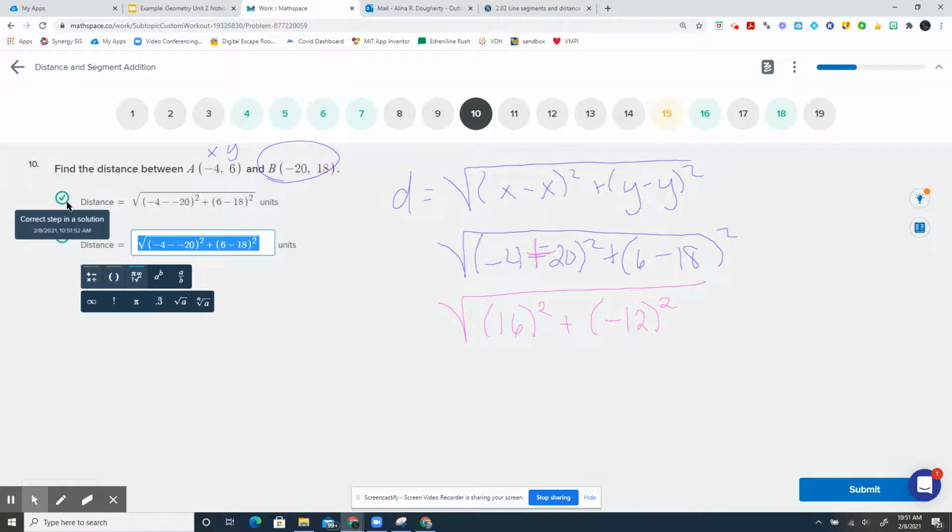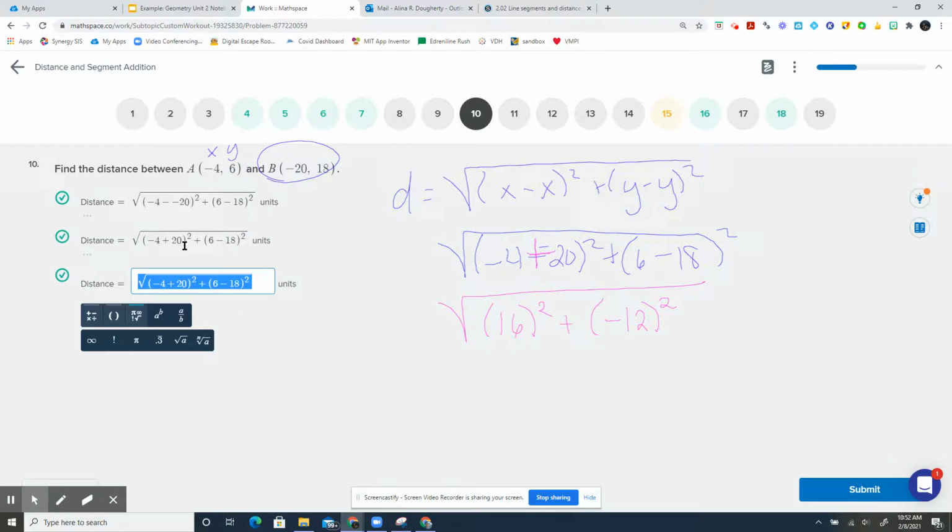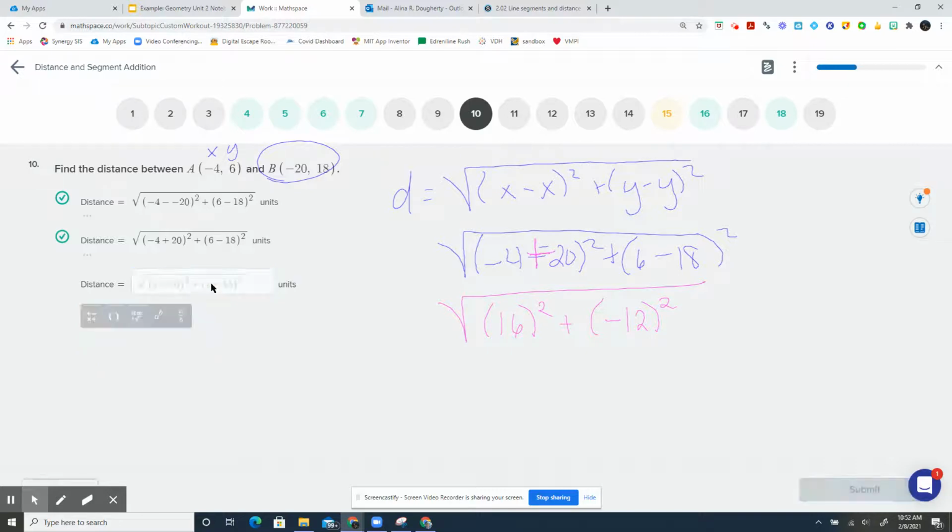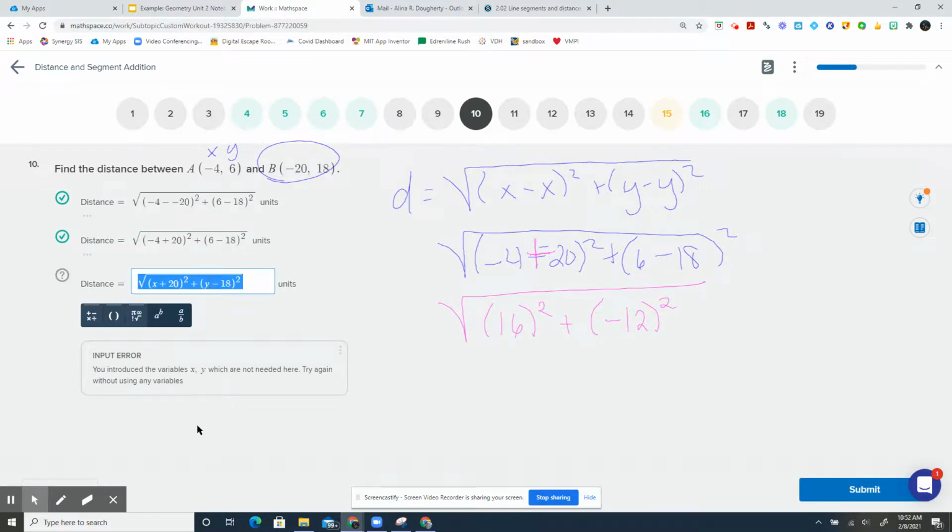So it's saying it's correct, but it's not quite right. So I wonder if they want me to simplify that into a plus. And this is where it can get a little bit maddening. So maybe it wants me to do x and y. You introduce the variables x and y, which are not needed here.